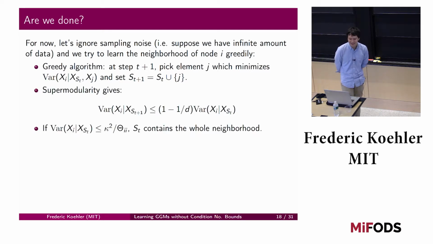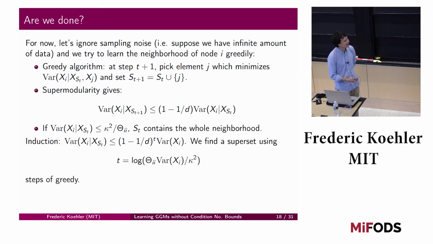Okay, and then this is the thing I was trying to say about the exponential rate: for this algorithm, as long as my set doesn't contain all the neighbors, by following greedy, I decrease the conditional variance by a factor of 1 minus 1 over d. And also, I know that if I get that function, sorry, this should be 1 plus kappa squared over theta I, down near its minimum, then I've successfully learned the whole neighborhood.